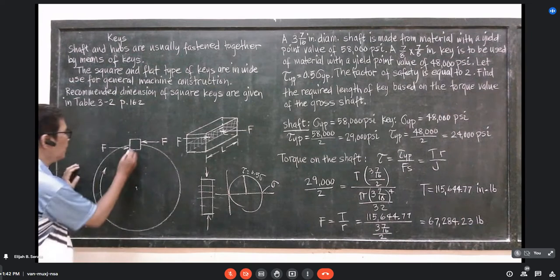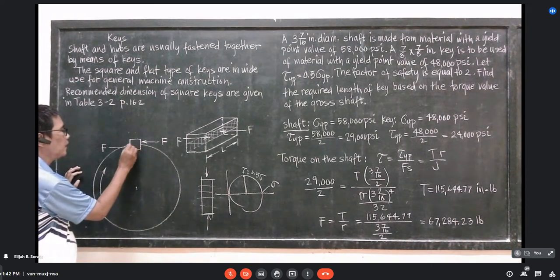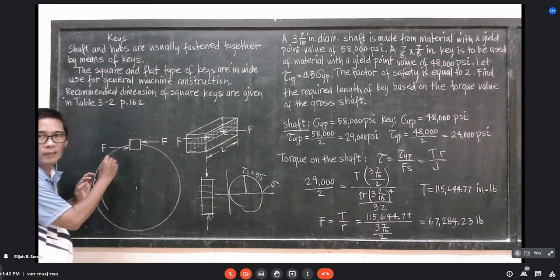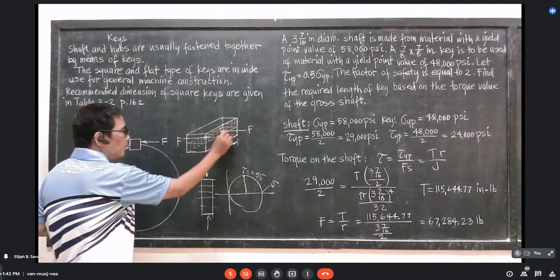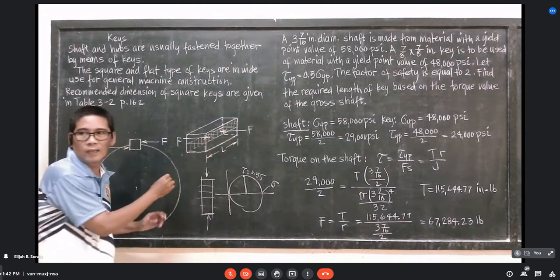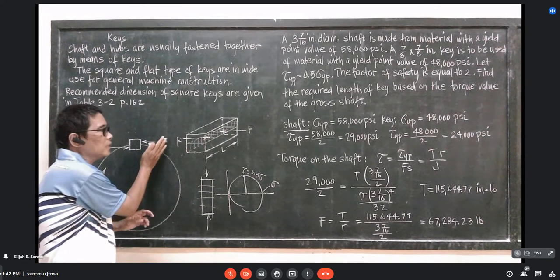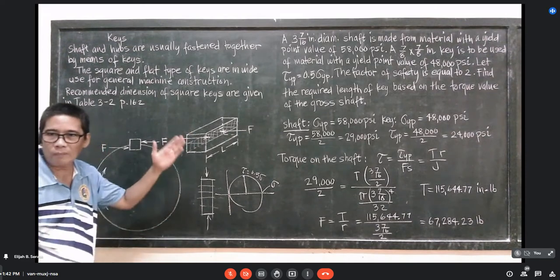This is on the key side, and this is also on the shaft side. So both are the same area: the key side, and the surface pushing it on the shaft side.